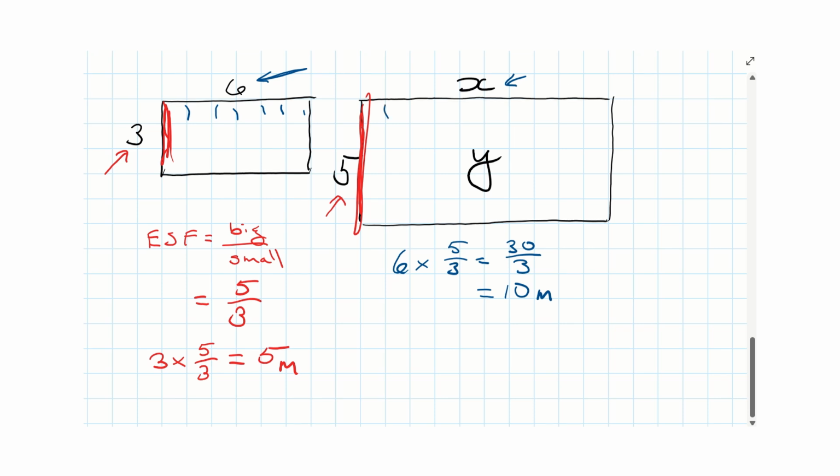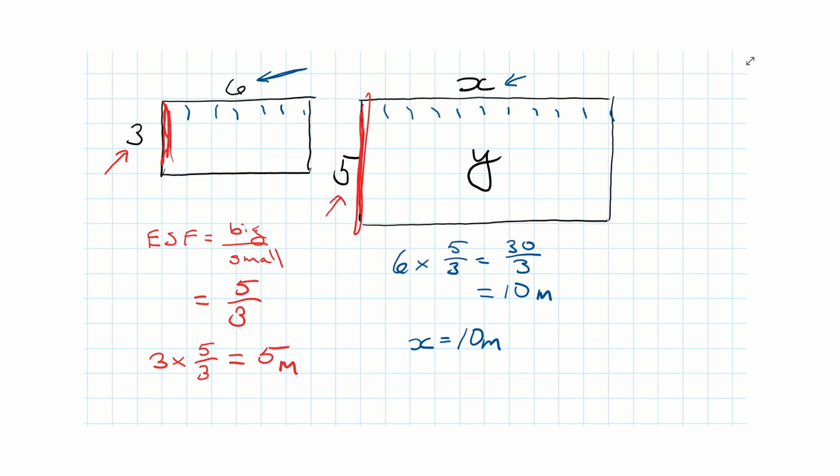And on this one, 1, 2, 3, 4, 5, 6, 7, 8, 9, 10. Perfect. So we have figured out how to use the scale factor to find the length of x is equal to 10 meters. But it's not so easy to do that with the area, right?